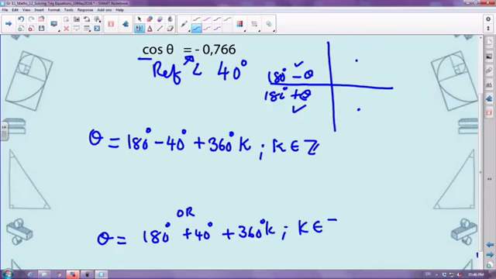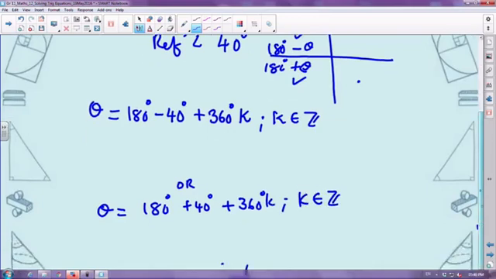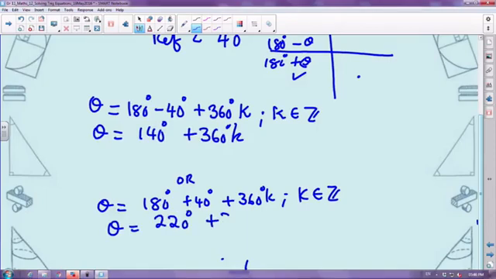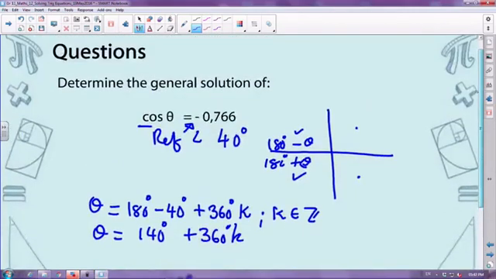K is an element of the integers. Now, you then simplify. Your theta is 140 degrees plus 360k, or your theta is 220 plus 360k. All right. Now, guys, you've got this as your general solution.